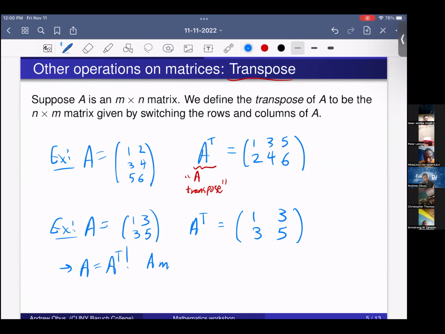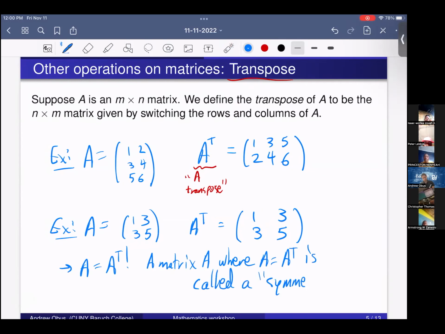And so a matrix A where A equals A transpose, if this happens, this is called a symmetric matrix.